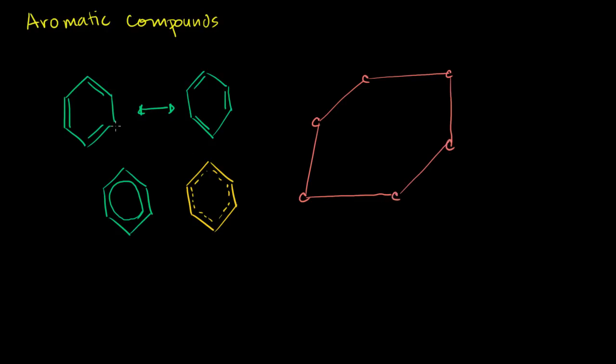And then each of these carbons is bonded to 3 other atoms. It's bonded to 2 carbons, and it's also bonded to a hydrogen. So let me draw the hydrogens here. This one will have a hydrogen over here, this will have a hydrogen over here, that will have a hydrogen over there, that one has a hydrogen over there, and hydrogen and hydrogen right over there.